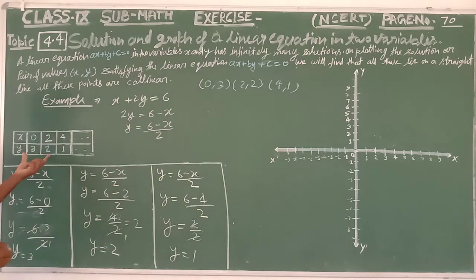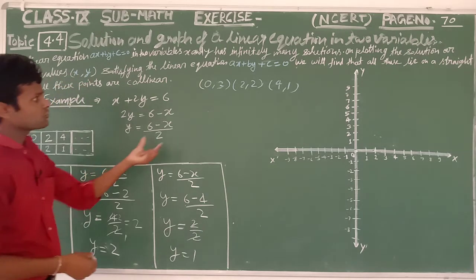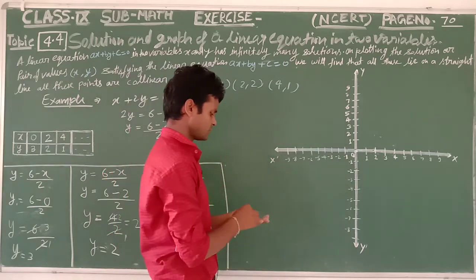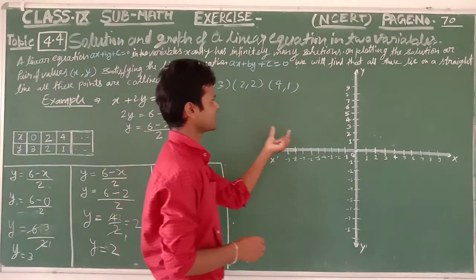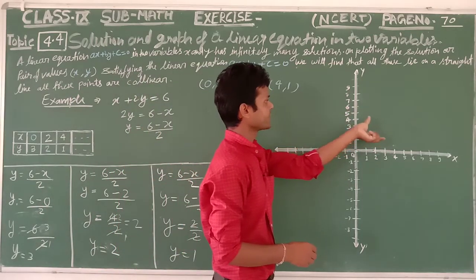You write them clearly in this way. Now we are going to learn how to plot these pairs of values on a graph, how to indicate a point in a graph.